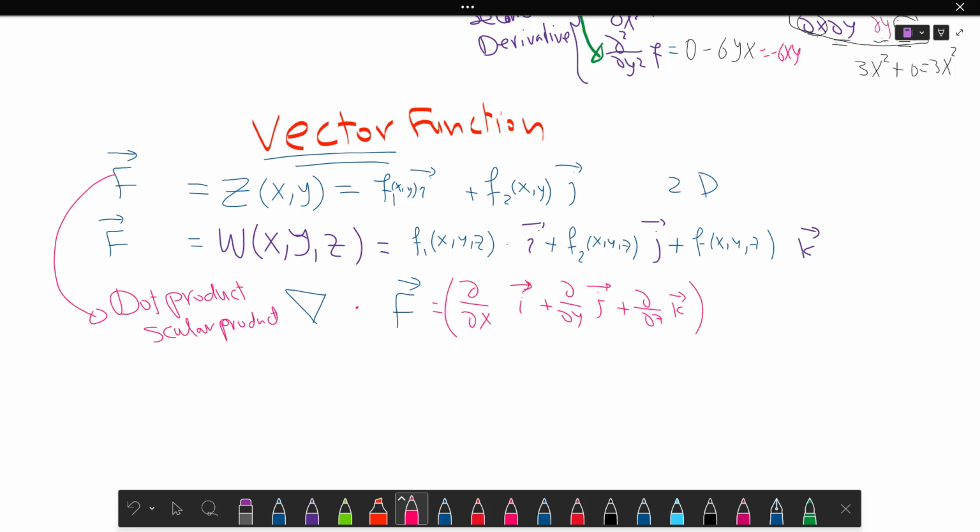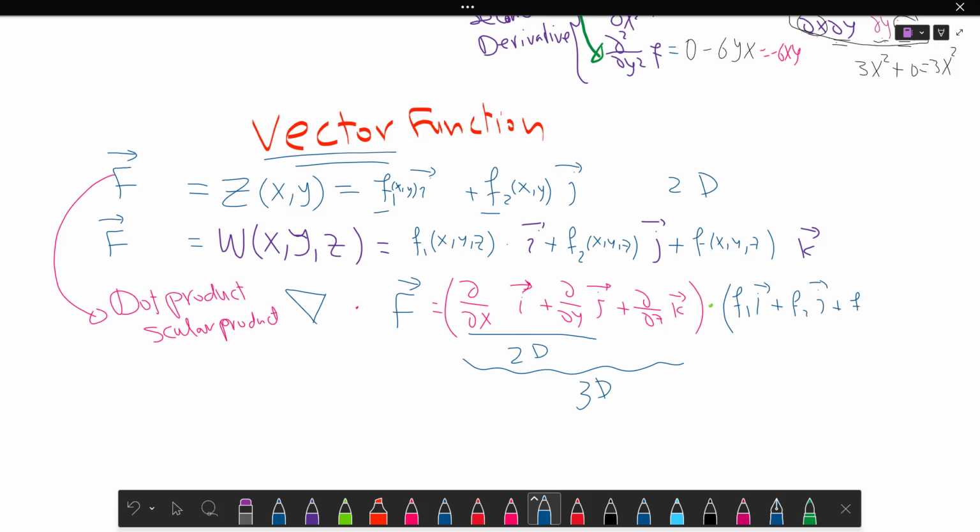This vector will be multiplied in a dot product by my function. If I go for 2 dimensions, I should stop here, right? If I go for 3 dimensions, here are the 3 dimensions. If I have 2 dimensions, I have 2 components; if I have 3 dimensions, I have 3. So I go for the 3.